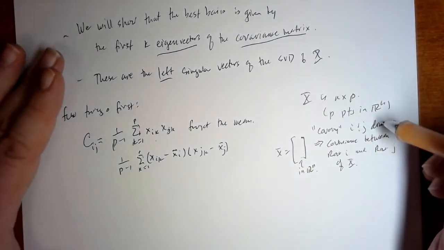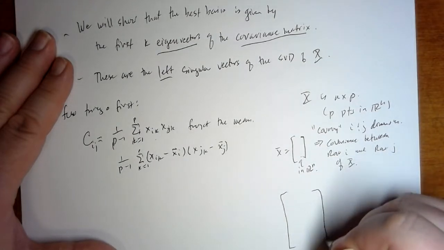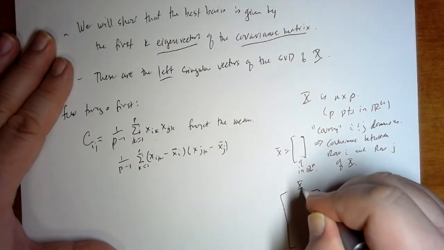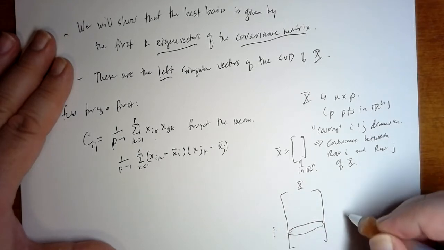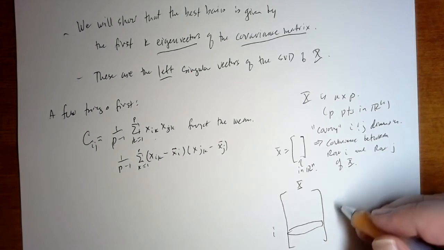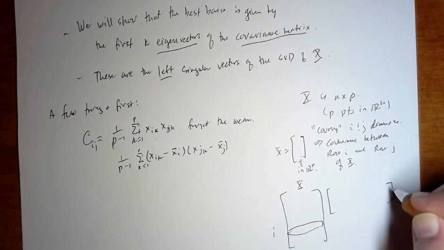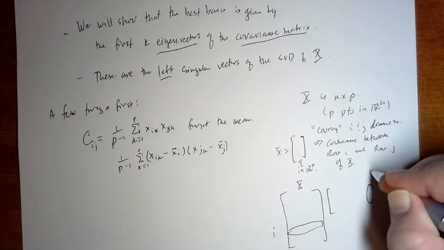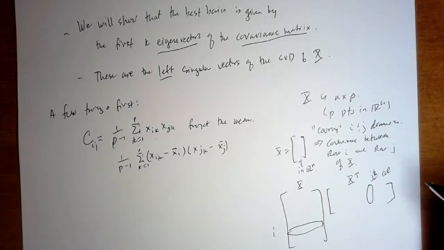Notice that if you think about this as a picture, you're taking matrix X and taking the ith row of that times the jth row of X. But the jth row of X is the same as the jth column of X transpose.